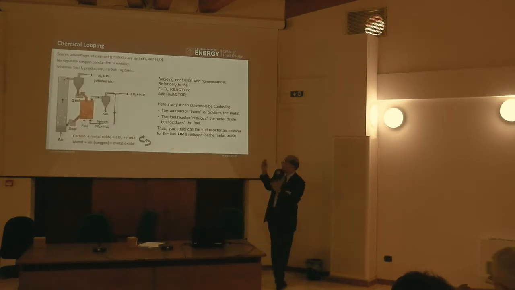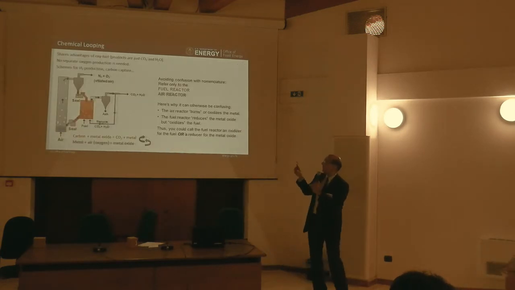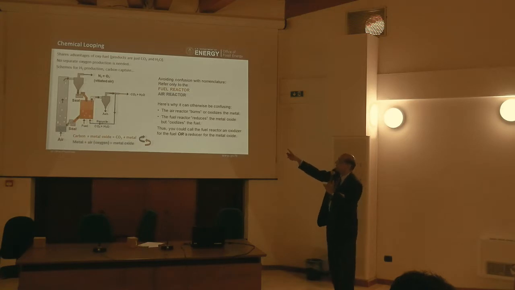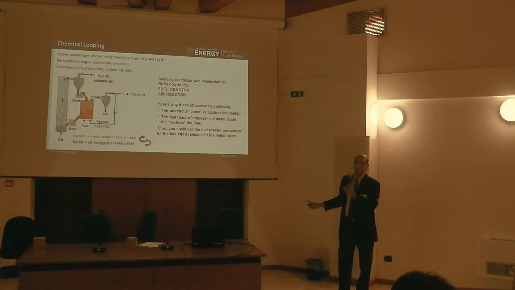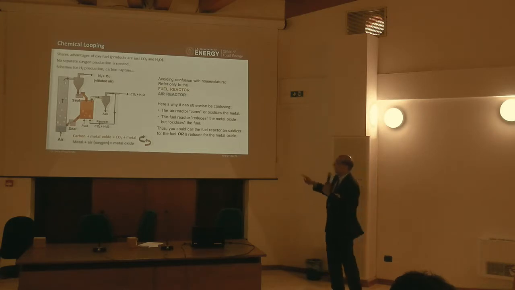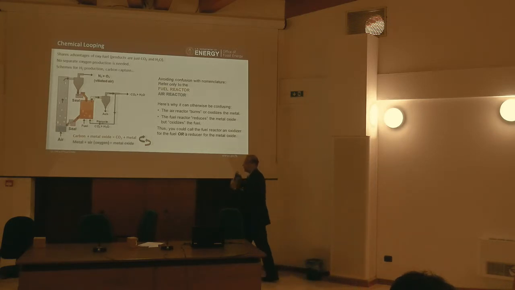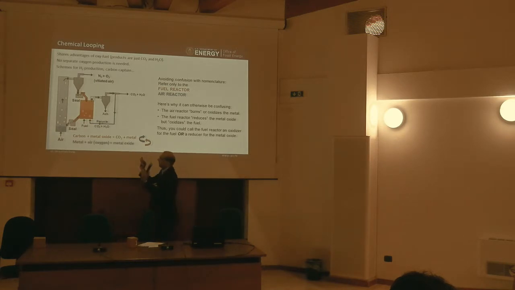So that's the idea. In very basic form, chemical looping shares the advantage of oxy-fuel. There's no separate oxygen required. And there are two reactors here. This is called the oxidizing reactor, this is the reducing reactor.